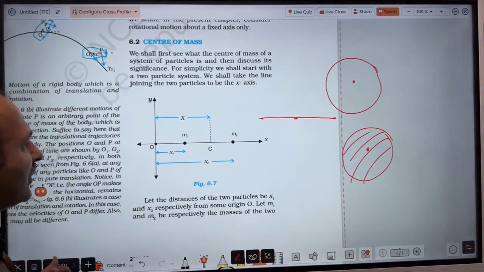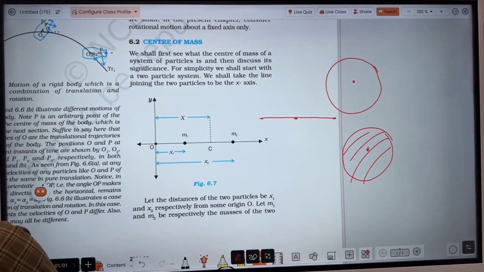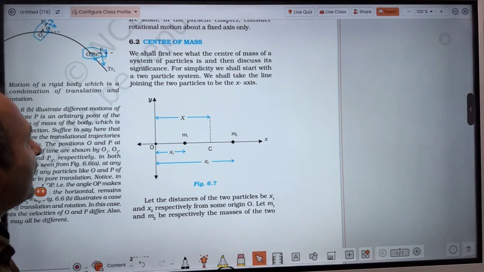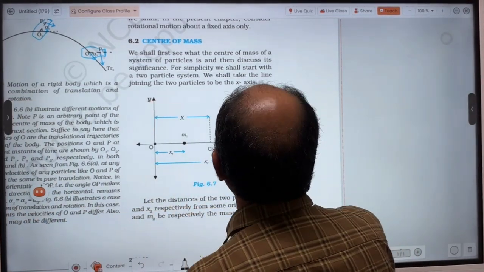So we have to find an expression for center of mass, and with that knowledge we will see how the object moves, and we will do some calculations, be it translational motion or rotational motion.